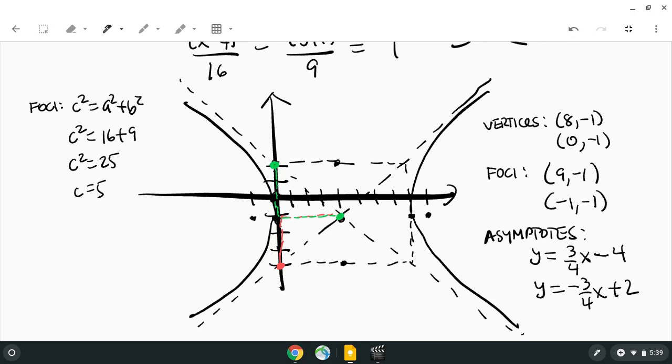All right, so that is pretty much it. Again, we got a little lucky there because the corners of our rectangle fell on the y-axis.